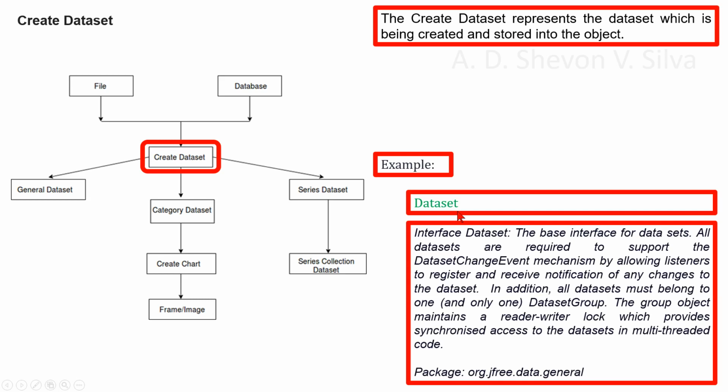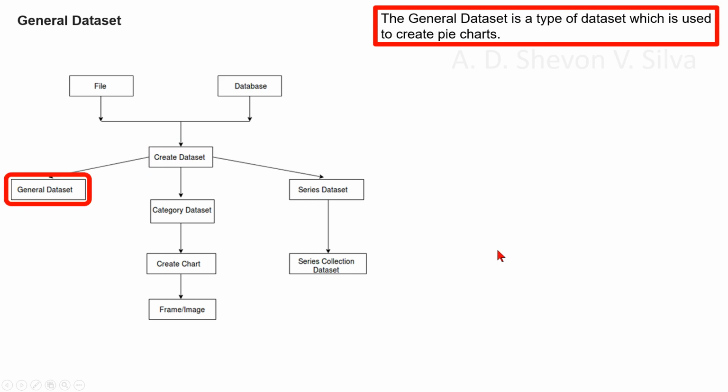The interface Dataset is in package org.jfree.data.general. Now we are focusing on general dataset. The general dataset is a type of dataset which is used to create pie charts.